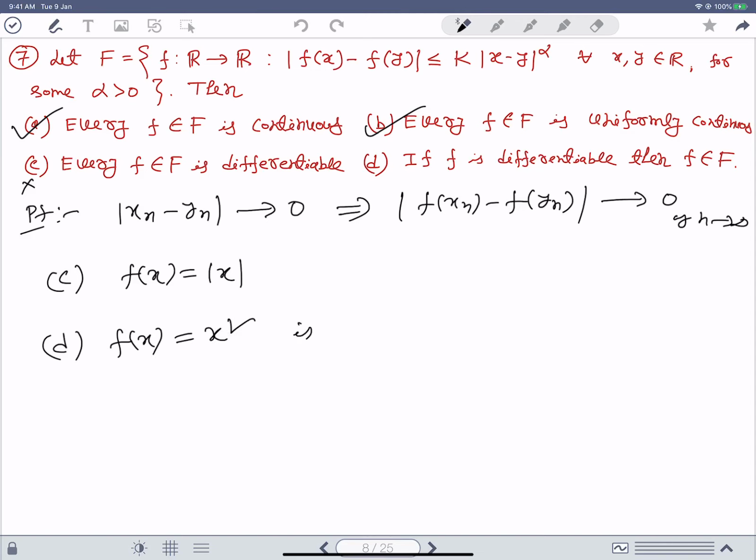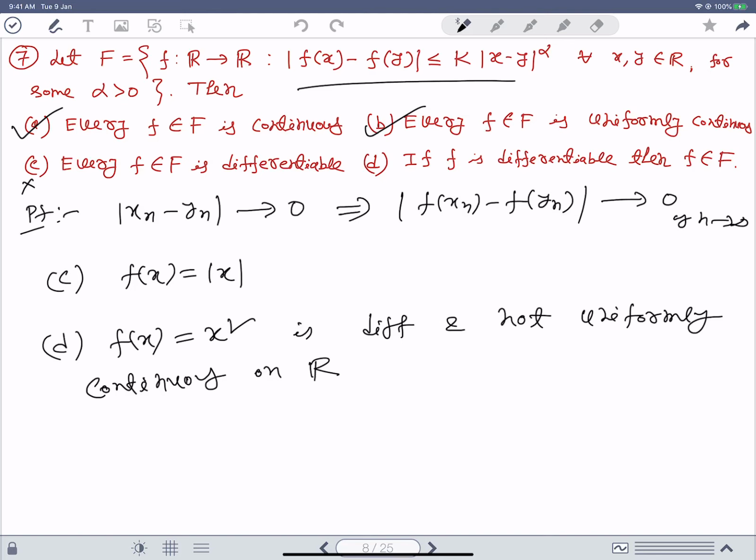Now, this is differentiable and not uniformly continuous on R. Since this is not uniformly continuous on R, it should not satisfy this condition, because we know that this condition implies uniform continuity. So, D is also not true.